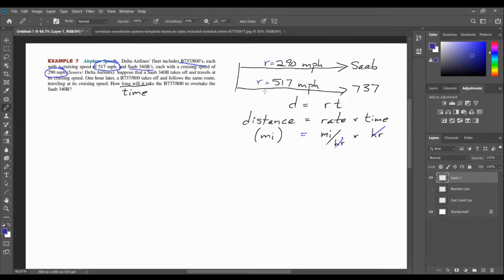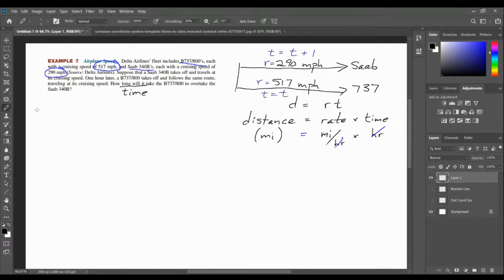So if we let that equal T for the amount of time the 737 is in the air, the Saab will be in the air 1 hour more, so T plus 1 will be its time. I probably shouldn't use T for both of those variables, but I did. So the time that the 737 is in the air, we will call T hours. The Saab is in the air 1 hour more.